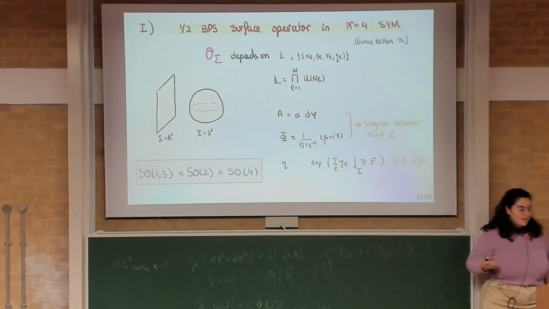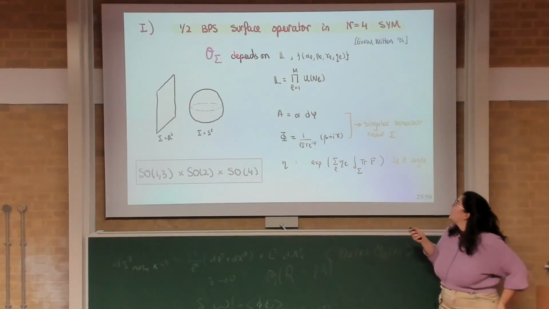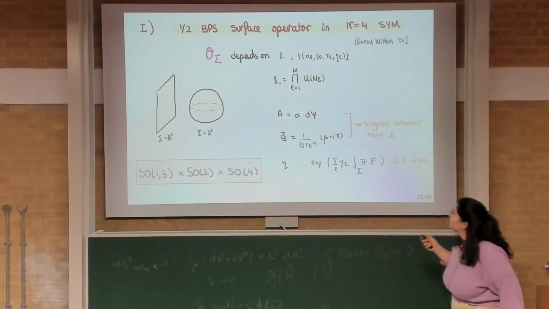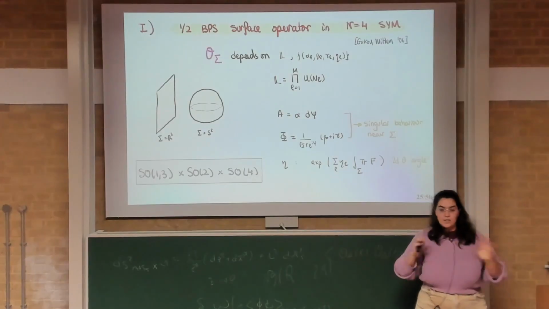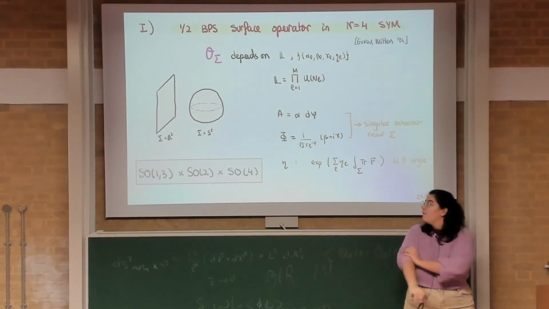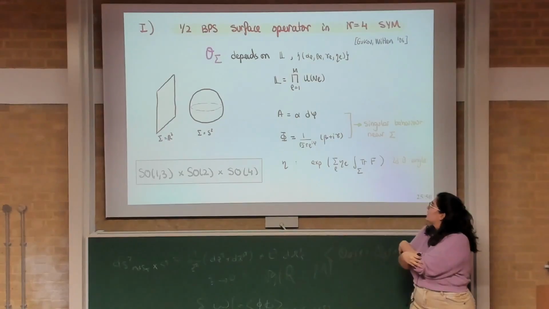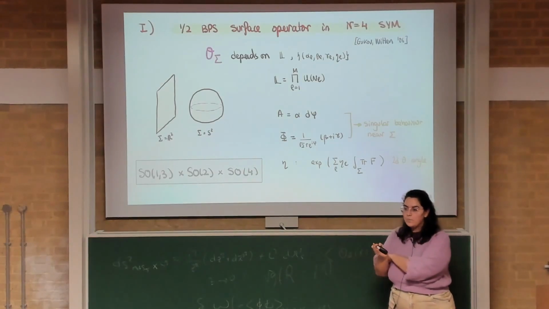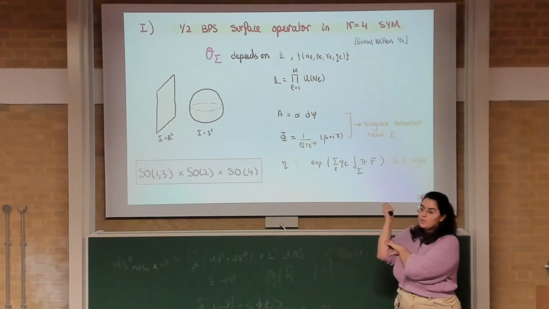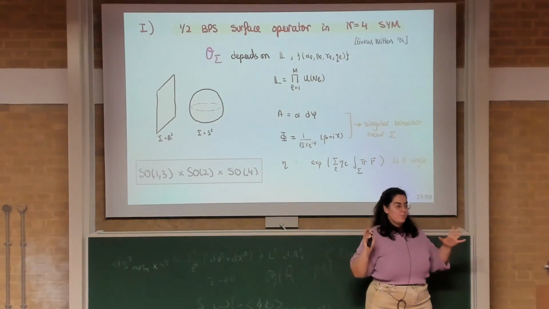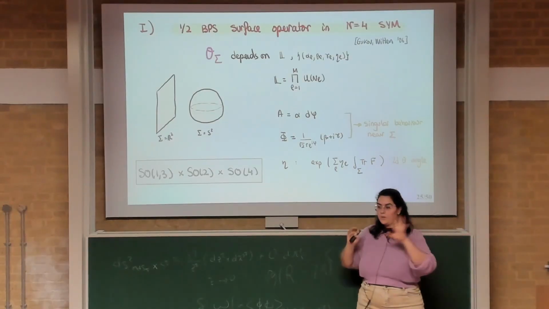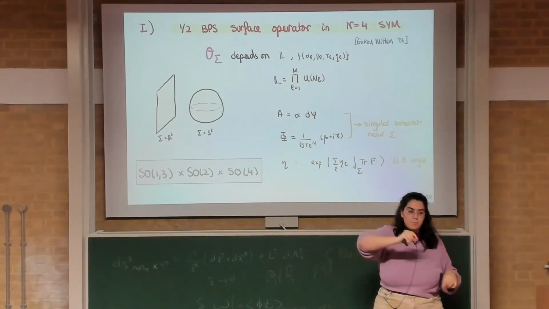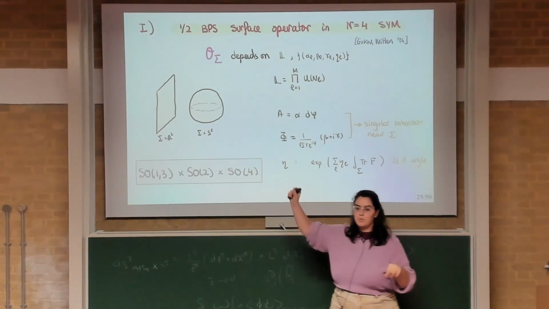So this half BPS surface operator of N=4 super Yang-Mills was introduced by Gukov and Witten in 2006, and it depends on a lot of data. I think everyone knows that the half BPS Wilson loop of N=4 super Yang-Mills only depends on a representation of U(N), which basically means I have this probe particle in some representation and I move it around.